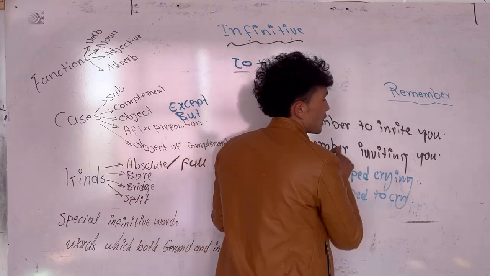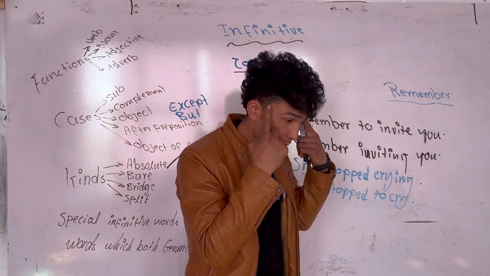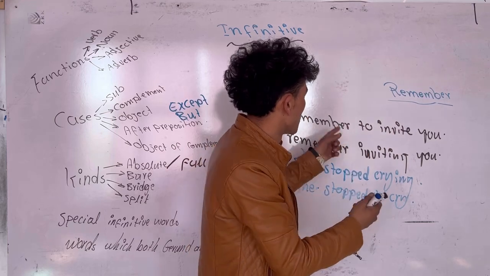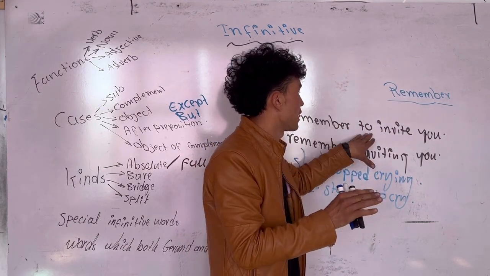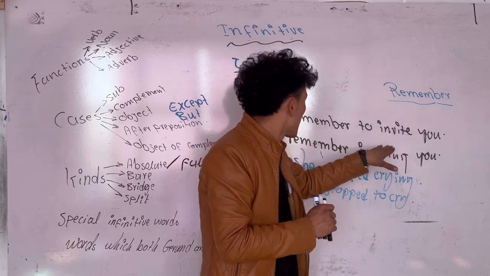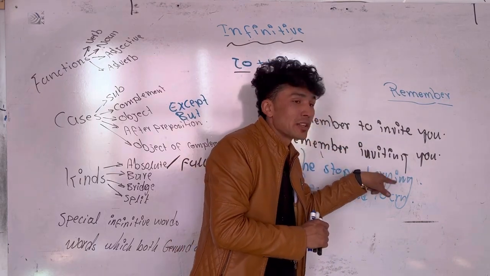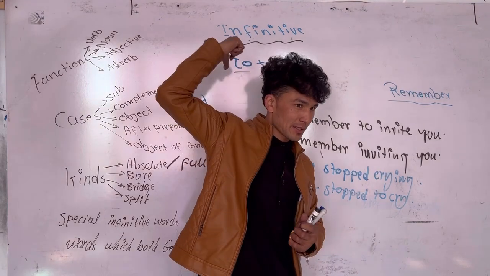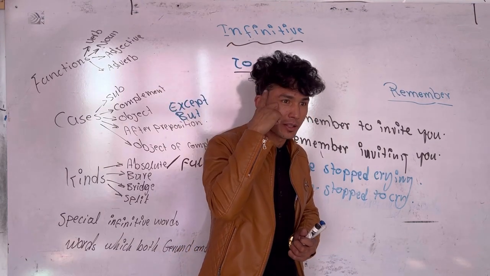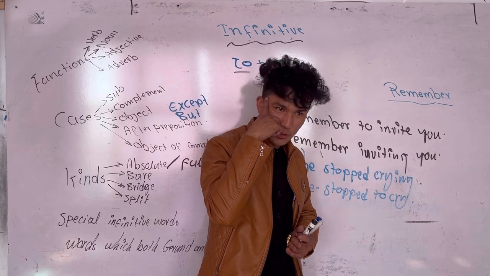I remember to invite you. It means at the moment I do have something in mind to do. I did not forget about it. I remember to invite you. When you remember inviting, or ing, the gerund, it means it is a kind of memory in your mind. In the past something happened, you still have that in mind. Did you understand?